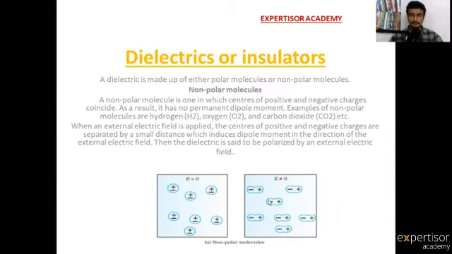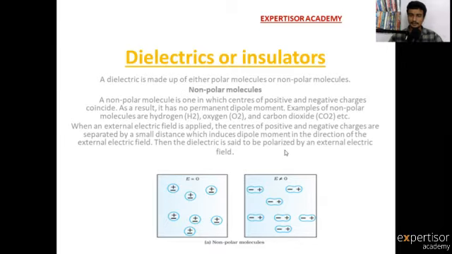The direction of the dipole moment when you apply the electric field is parallel to the external electric field. Then the dielectric is said to be polarized by the external electric field.